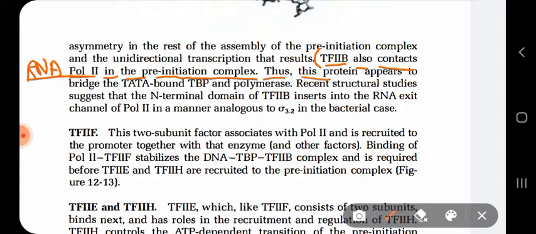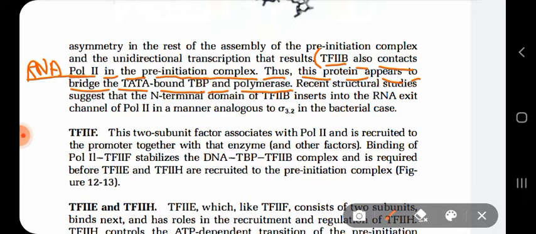Thus, this protein appears to bridge the TATA-bound TBP and polymerase. So TF2B acts like a bridge that bridges the TATA-bound TBP with the RNA polymerase.